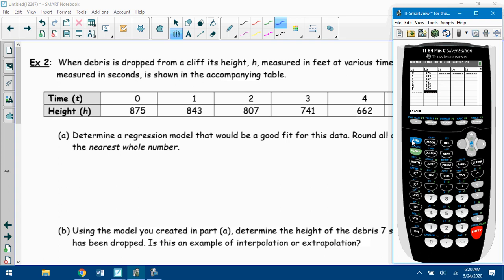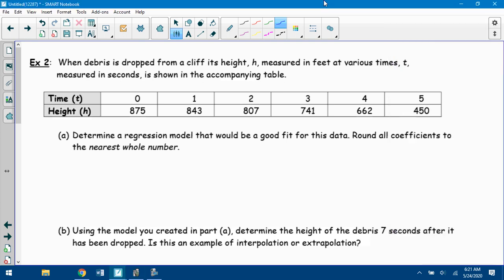All right, now your stat plot should still be set, so we don't have to do this every time. I can go straight to zoom 9, and I've got that shape. Okay, so let's look at that. Something like that. Okay, what shape do you think that could be?